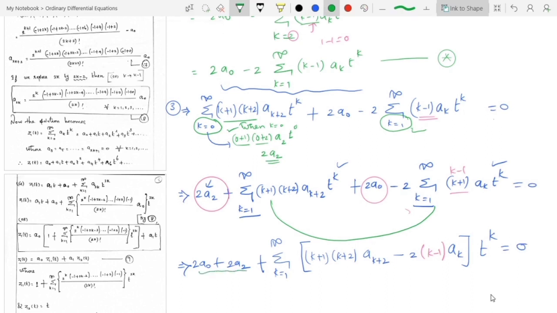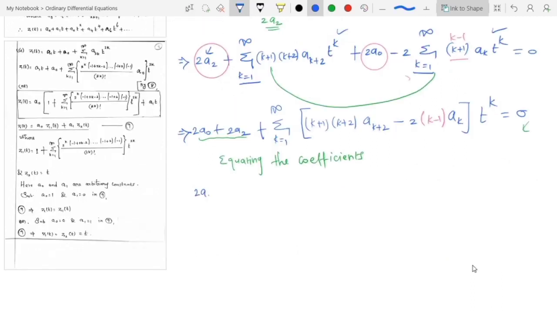Equating the coefficients on both sides. Here the right-hand side is all equal to 0. Constant term: 2a0 plus 2a2 equal to 0. That implies 2a0 equal to minus 2a2, that is a0 is equal to minus a2, or a2 is equal to minus a0. And also the coefficient of t power k is equal to 0.